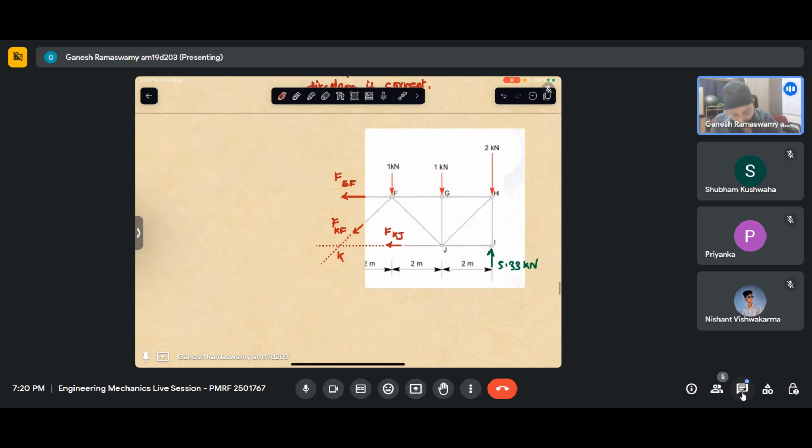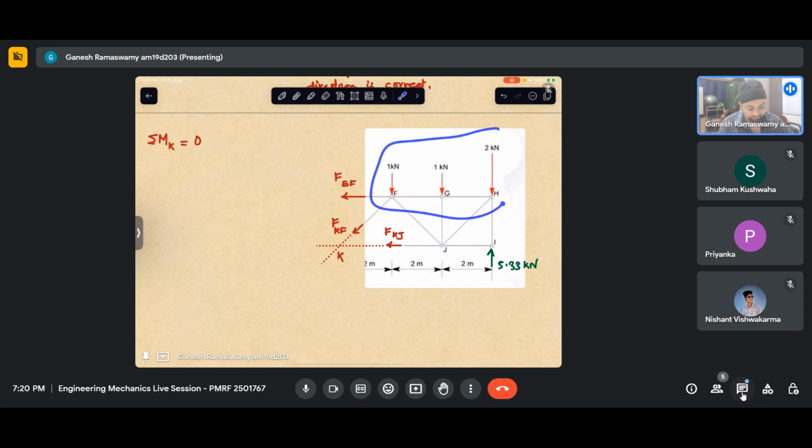Now let us take moment about K equaling 0. We'll again see that 5.33 will have a clockwise contribution now. It will have a moment like that because R and this is F, so R cross F is clockwise. Sorry, this will have an anti-clockwise contribution which will be positive.